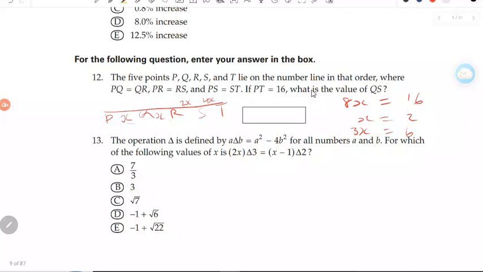Okay, let's quickly solve this. We have about 5 minutes to go. The operation is defined by A operation B equals A squared minus 4B squared for all numbers A and B. For which of the following values of S is this equal to this? Okay. What are we now going to do?